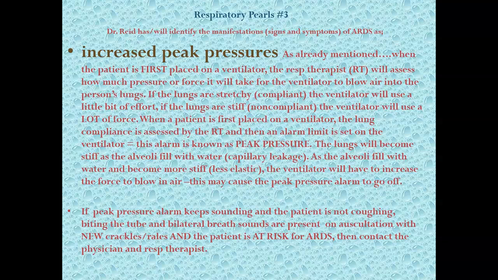So we've already talked about the patient whose high pressure alarm goes off, and what that means is that the peak pressure is going up. Why is it going up? Well, you have to determine that, because we've already talked about the things that cause the high pressure alarm to go off, and that's some kind of obstruction. Is it a stiffening of the lung? Is there a lot of snot and secretions in the upper airways? Or is the patient biting or kinking the tube?